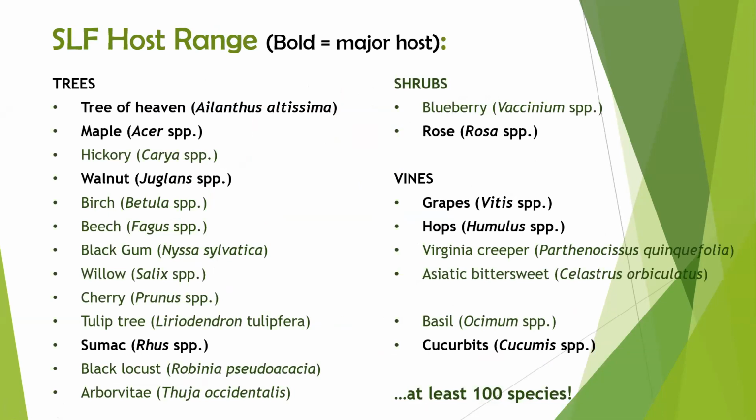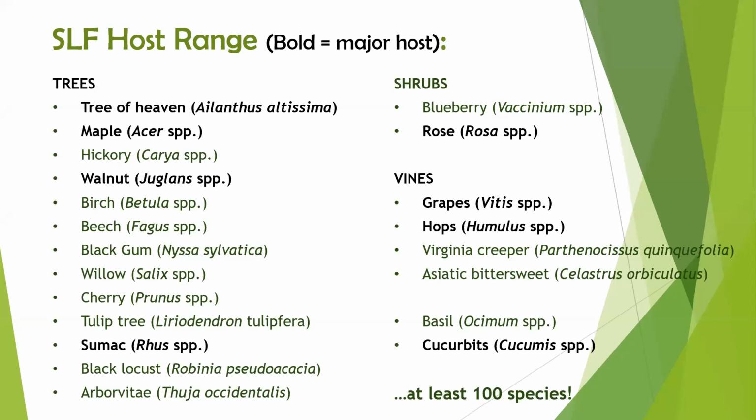In terms of the host range of spotted lanternfly, as I mentioned before, it has over 100 different host species, but I marked in bold here the species that are considered the major hosts. So lots of different trees, but it prefers tree of heaven, and later in the season, it often can be found on maple. It also likes walnut. It likes the sumac, so staghorn and smooth sumac.